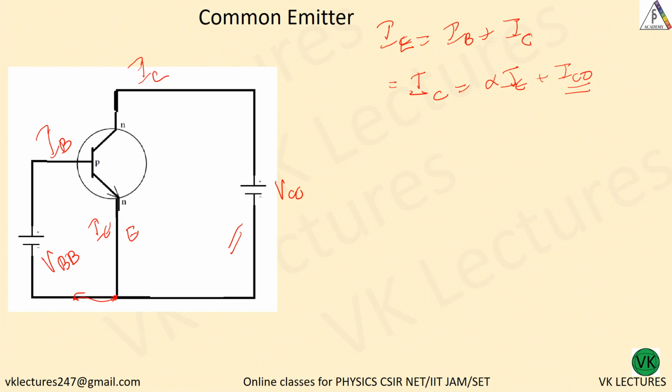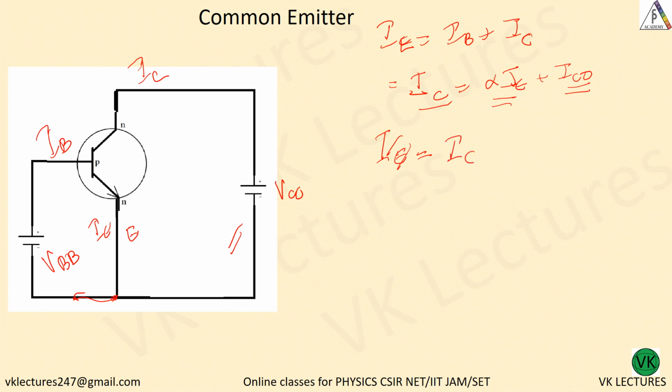Then just substitute this value of IC. So IE is equal to IC by alpha. Taking this value, IC is equal to alpha IE.